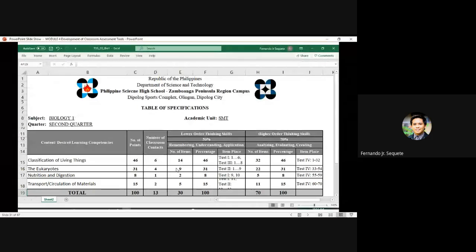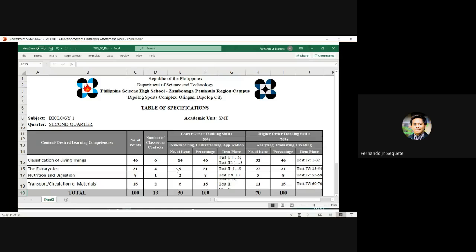Kaya nga if you check most of the teachers sa Pisay, they are engineers, they are chemists, they are physicists, they are mathematicians, mga purists sila, they are not coming from education, no? So luckily nakapasok, and then doon ko nalaman na gumagamit sila ng TOS.